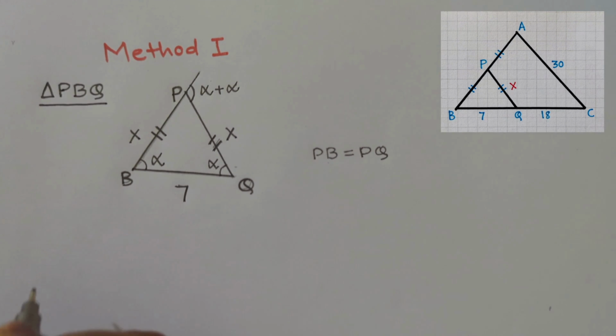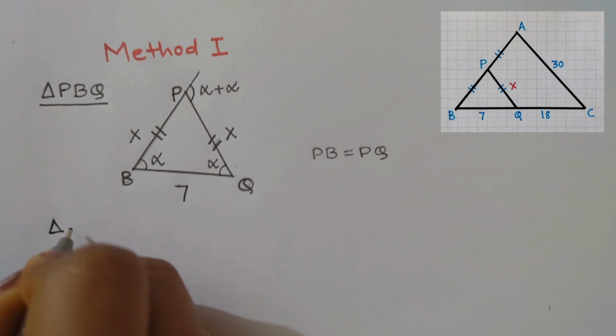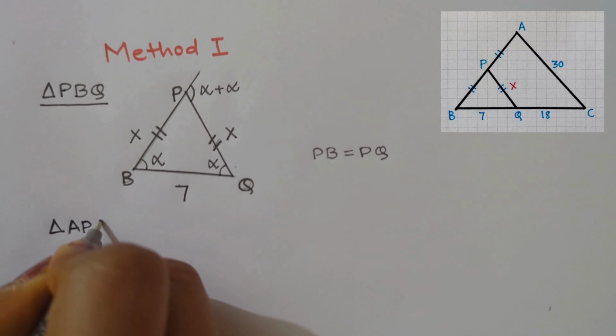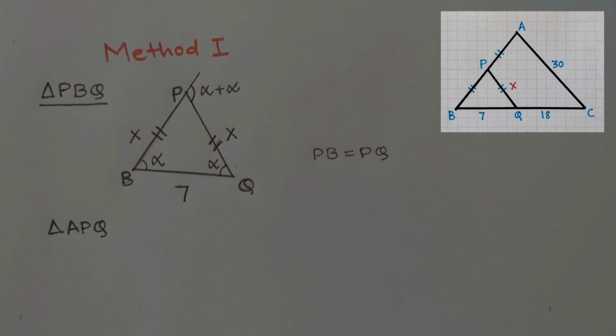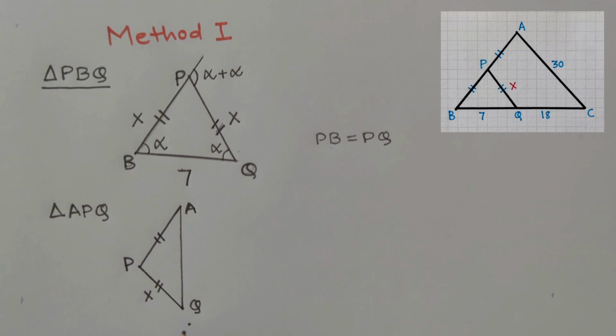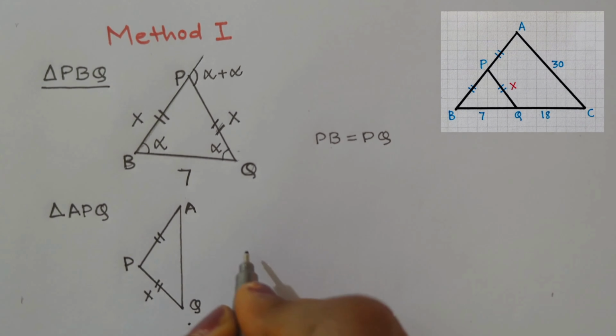Now let us focus on the triangle APQ. We are going to join the line AQ. In this particular triangle it is already given that PQ is x and PQ is equal to AP.